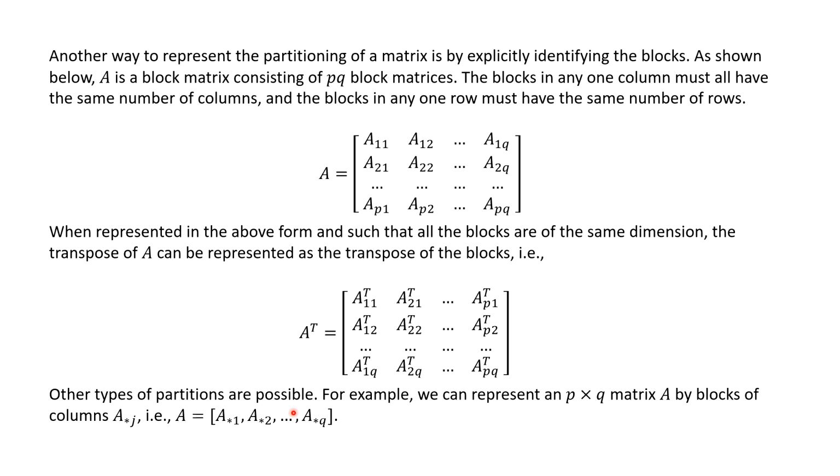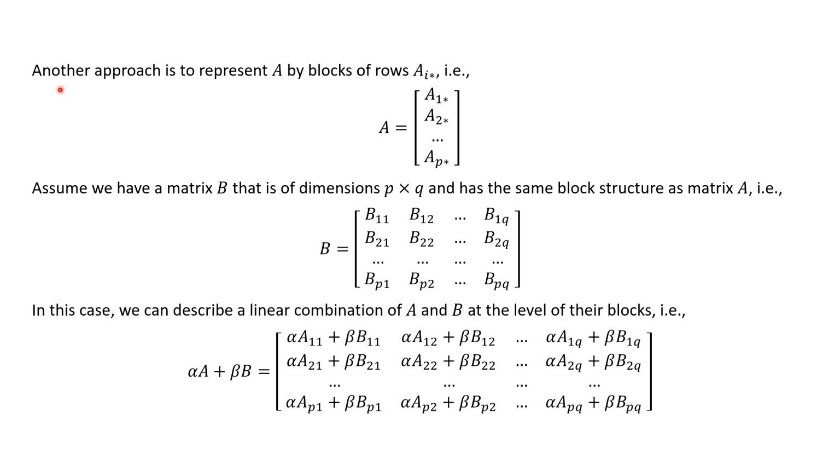Other types of partitions are possible. We can do it by blocks of columns. So this would be the first block of columns, and then another block of columns, and so on until you completely cover all of A. Another approach is to block off A in terms of its rows. This first matrix here would be the first so many rows of A, and then this would be the next set of rows from A, and so forth.